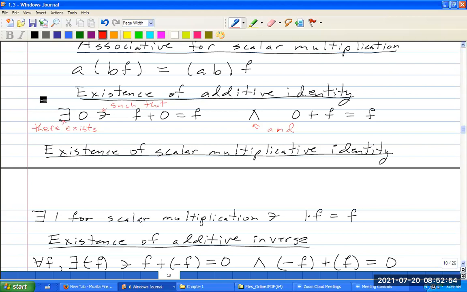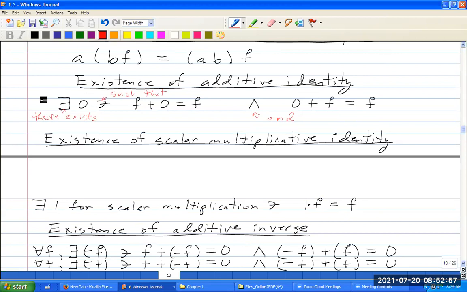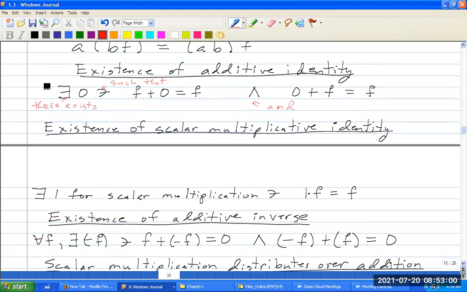The existence of an additive identity. So there exists, and usually I'm lazy, and I will give a symbol, and this is a common symbol, this backwards E. This backwards E represents there exists, and this backwards euro type symbol denotes such that.